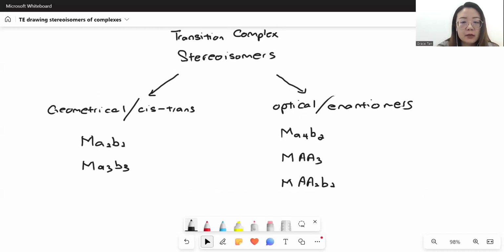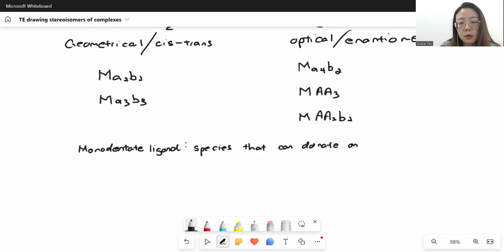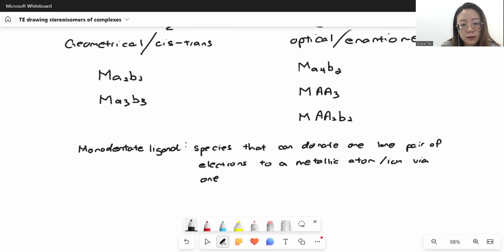Okay, now maybe I just quickly go through the definition with you. So monodentate ligand is defined as a species that can donate one lone pair of electrons to a metallic atom or ion via one coordinate bonding.